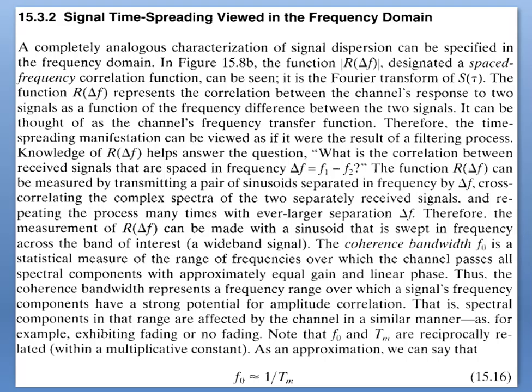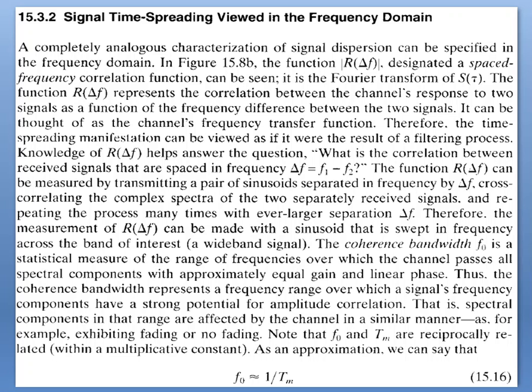The coherence bandwidth f0 is a statistical measurement of a range of frequencies over which the signal passes all spectral components with approximately equal gain and linear phase. There is no change of gain, and the phase has the same linear value. Thus, the coherence bandwidth represents a frequency range over which signal frequency components have a strong potential for amplitude correlation.